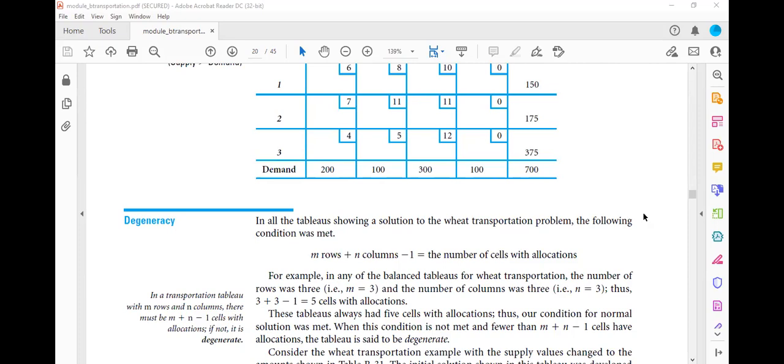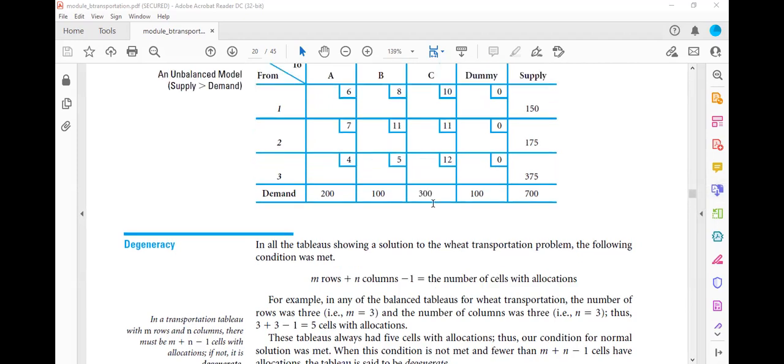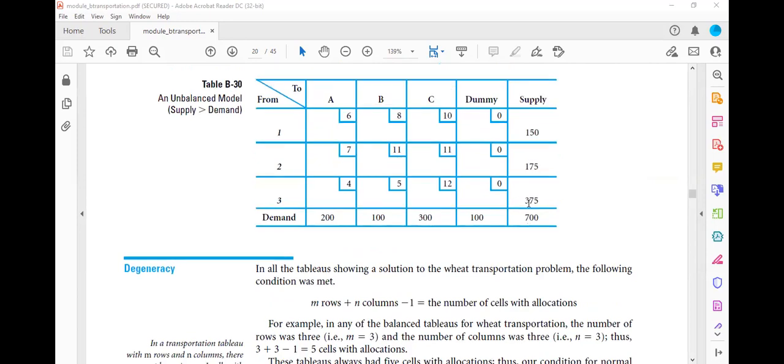Now, this case usually happens upon allocation. Normally when we allocate, for instance here, let's just try to allocate. Suppose I chose to start with this cell. Let me just put some annotation here.